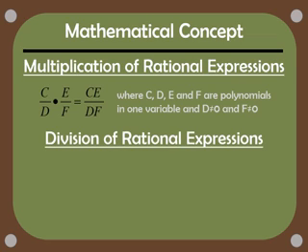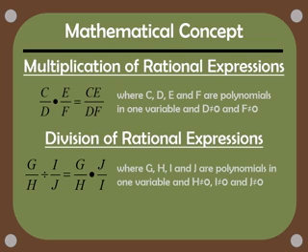So in division of rational expressions, we have G over H divided by I over J is just equal to G over H multiplied by J over I, where G, H, I, and J are polynomials in one variable, and H, I, and J should not be equal to 0.